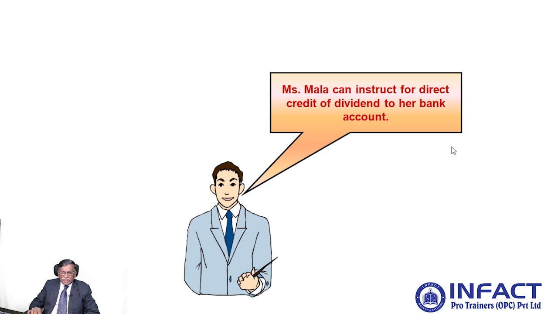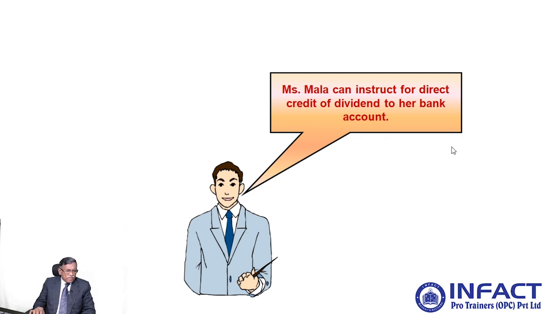That is one part of it. There is another part, that Mala can instruct the direct credit of dividend to her bank account. Is it possible or not? See, generally in the manual days, what happens? The dividends used to come to Mala's place and Mala goes to her bank and deposits. That is the way we discussed.